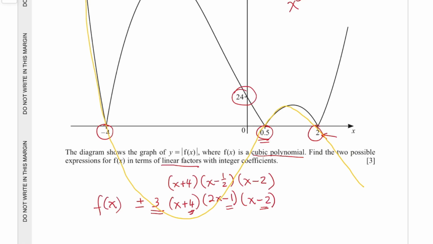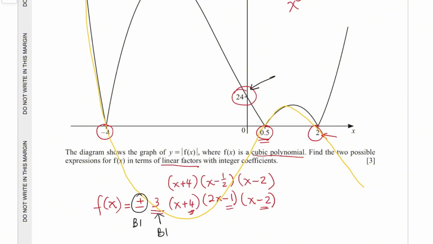And how do you get marks for this? The first mark you're going to get when you consider, I'm sorry, I forgot the equal sign there, when you consider the positive and negative sign over here, that's your B1, first mark. The second mark is when you have 3 in the front here, when you think that it must be multiplied with 3, because without the 3, you won't have the y-intercept at 24.